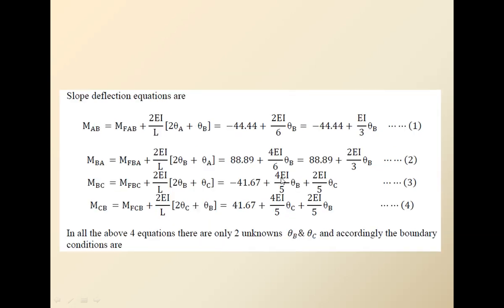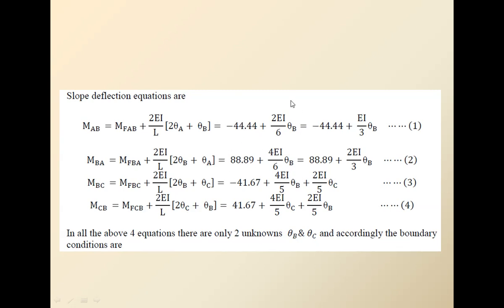While writing the slope deflection equation, you please remember that the sign of the fixed end moment, at the left hand it is negative, at the right hand it is positive. Some students may forget to substitute the sign. They write only the magnitude, they forget to substitute the sign, whether it is positive or negative.